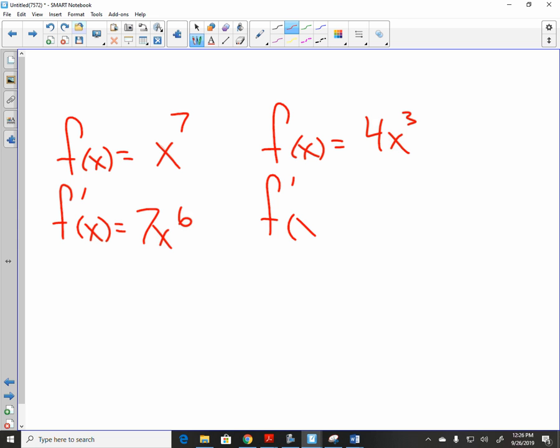Just for that assignment, as you move forward. So 4x to the third. If we've got a constant in front, we just drop that in front, we get 12x squared.